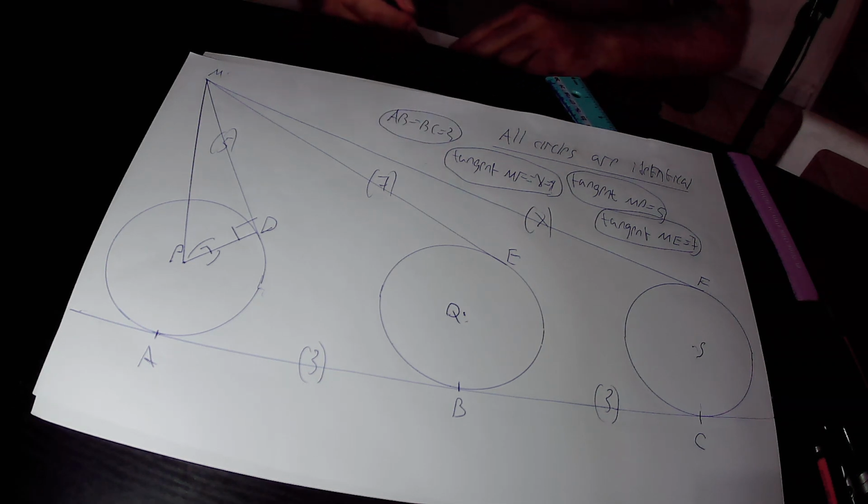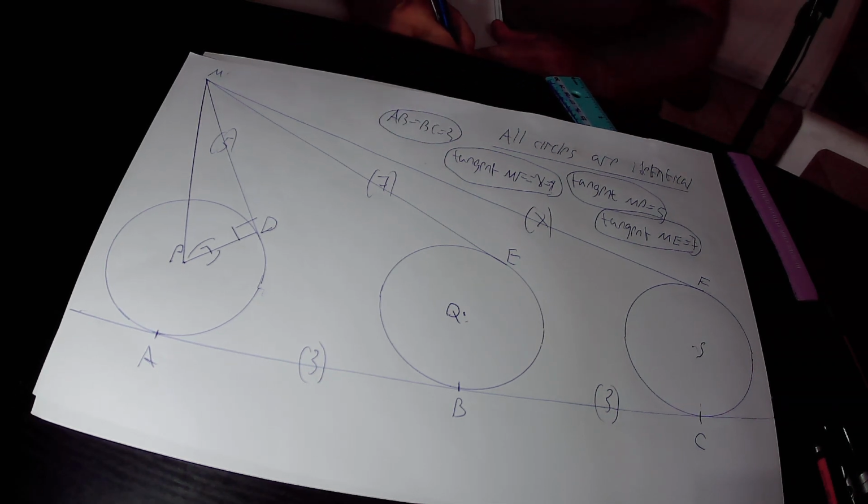So I'll write it down. MP squared, that is the square of the hypotenuse, is equal to PD squared plus MD squared.